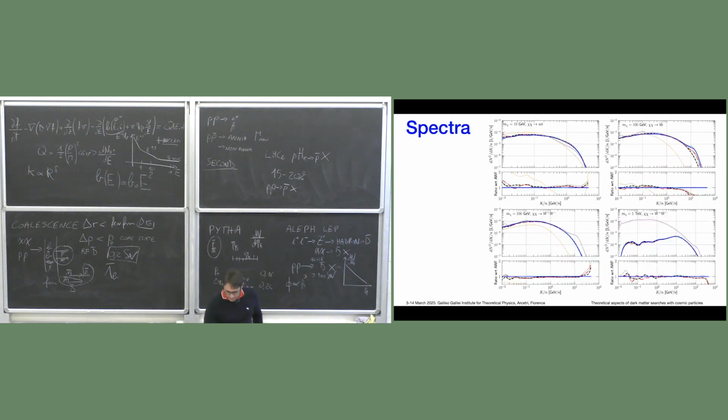And the prediction for the spectrum of anti-deuteron using these different models is quite similar, with uncertainties of the order of 10-20%. So when you calibrate your coalescence model properly, even if you use different coalescence models, the final spectrum is quite similar.